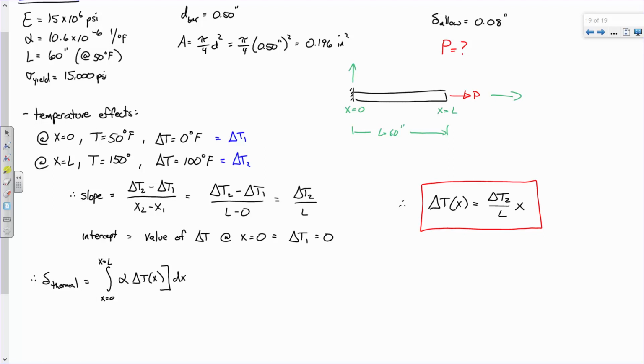And if you want to put that in brackets, you can. So plug and chug, I've got the integral x equals 0, x equals L of alpha, and then I have that. Everybody okay with that?